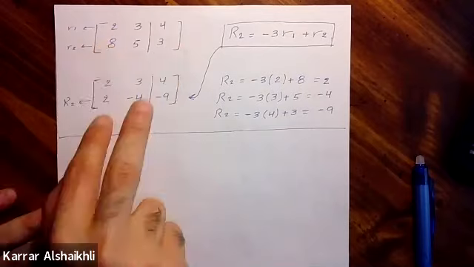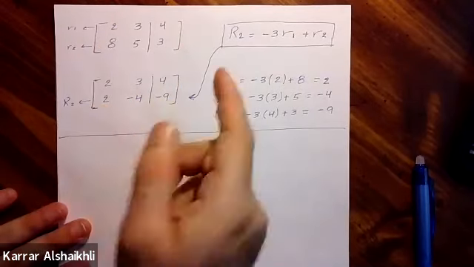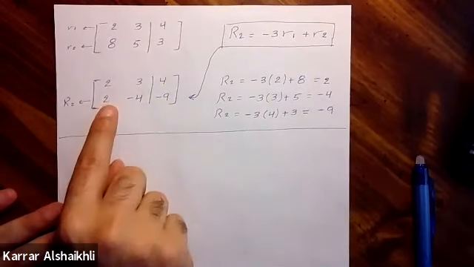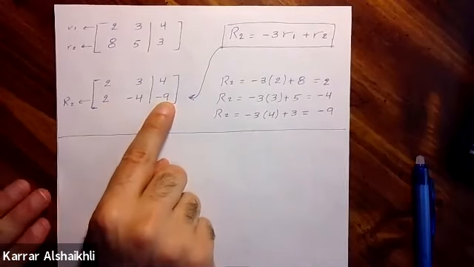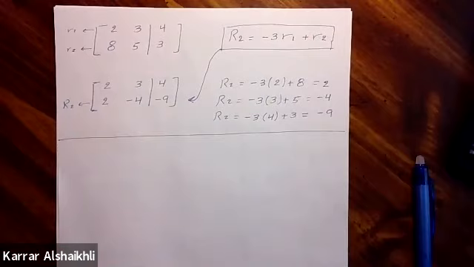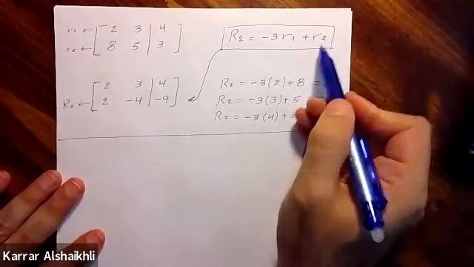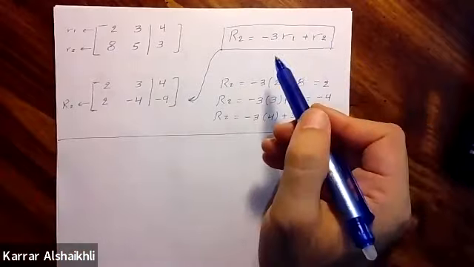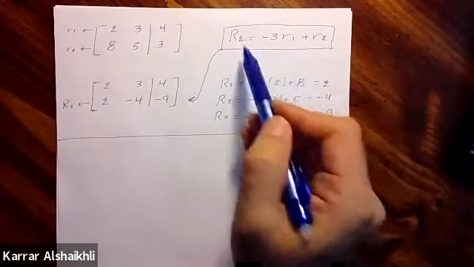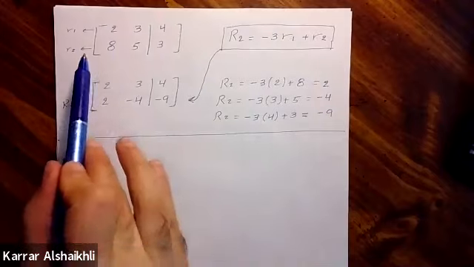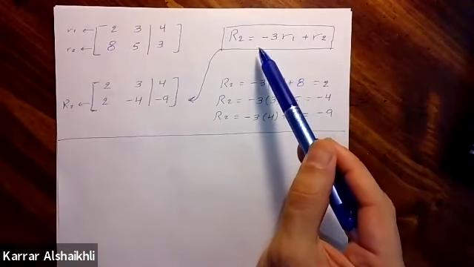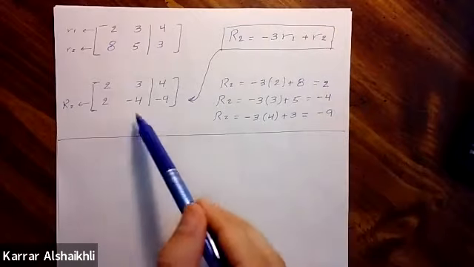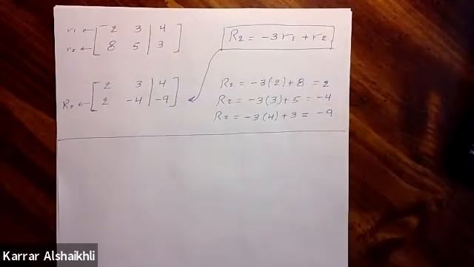We get a new row 2 by doing these steps. The new R2 is 2, negative 4, and negative 9. So until now, this is just using one of the row transformation rules. They're going to give you this one, and they're telling you to use this row transformation to get the new matrix.